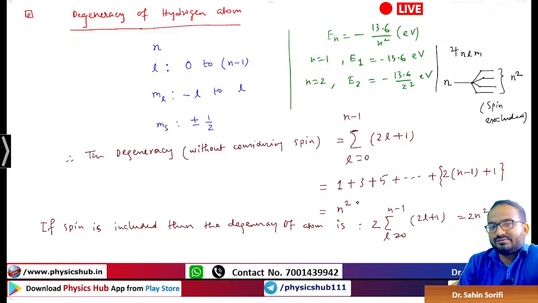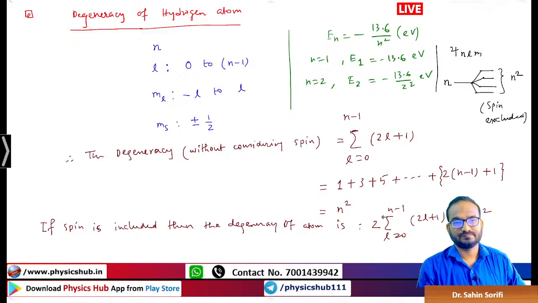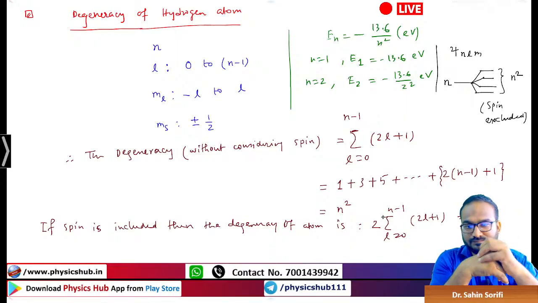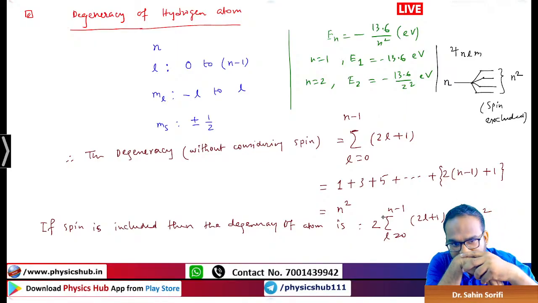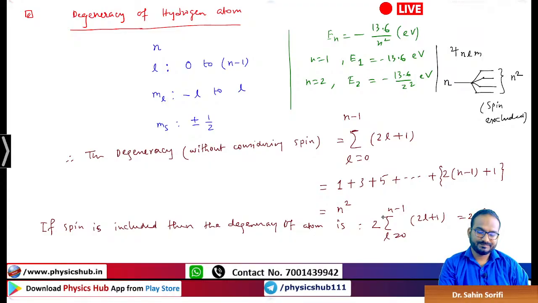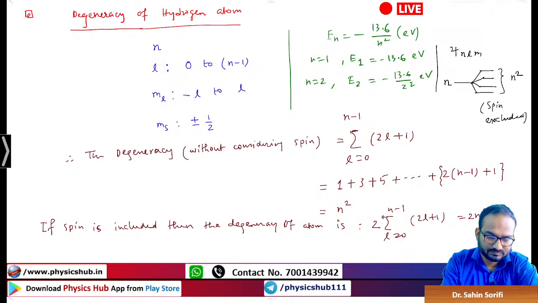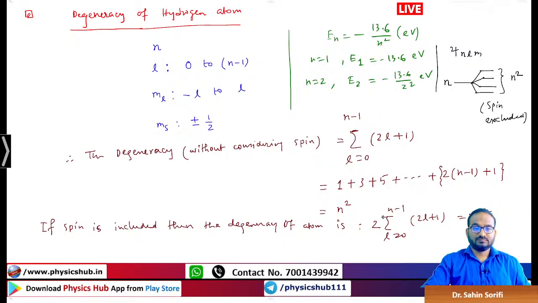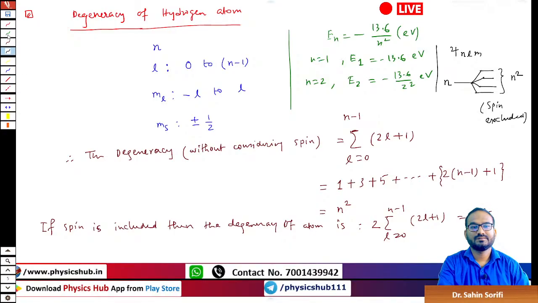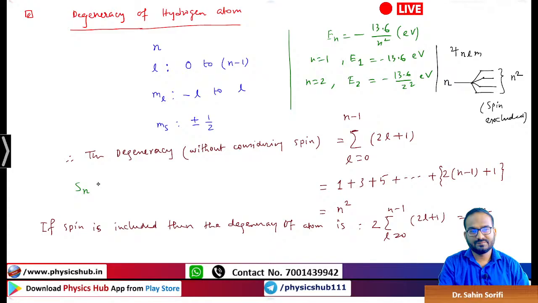How is n square obtained? You apply the arithmetic progression. In arithmetic progression, the sum of n number of terms is n by 2 times (2a plus (n minus 1) times d).